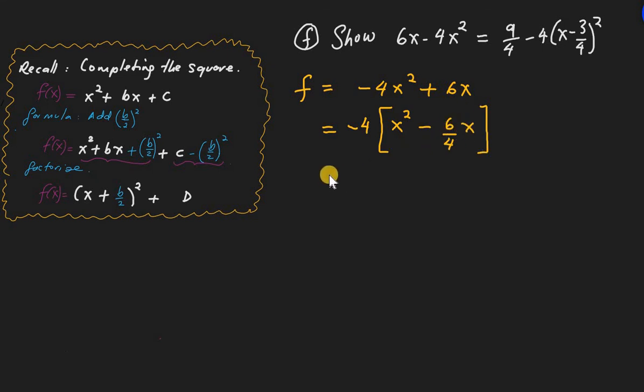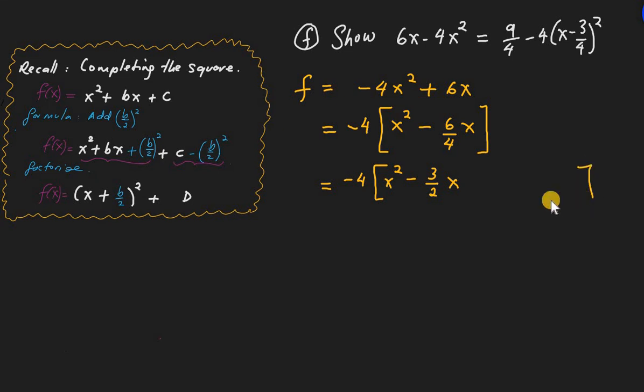When you factorize, make sure you expand it back and get back your original question. Expanding, we get back the plus 6x. So let's simplify this: x squared minus 3 on 2 x.